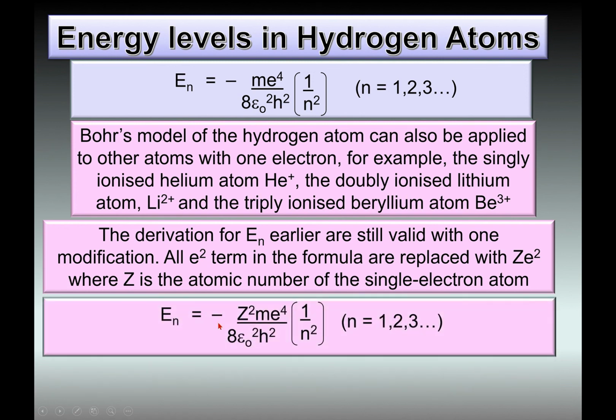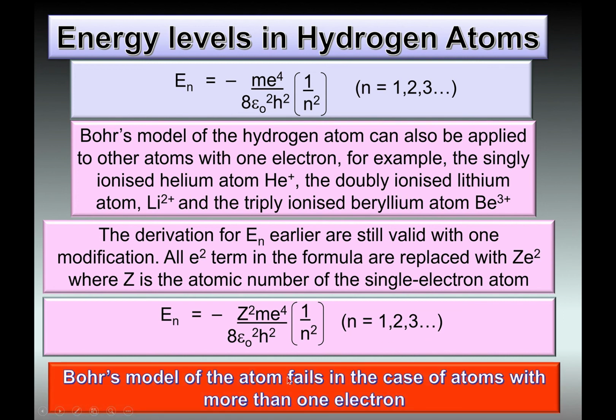Okay, so the equation of the energy becomes negative Z squared m e to the power 4 per 8 epsilon naught squared h squared, bracket 1 per n squared, where n starts from the ground state 1, 2, 3, and so on. So the Bohr model of the atom fails in the case of atoms with more than one electron.